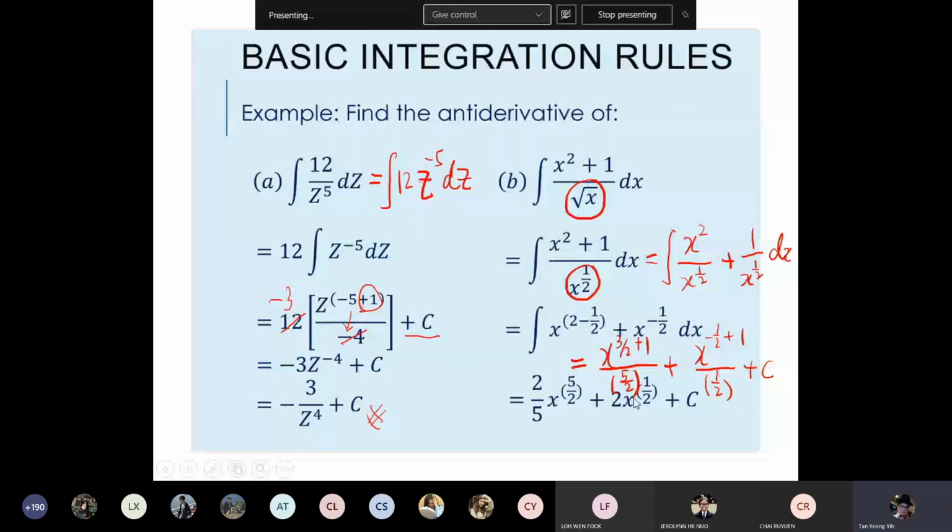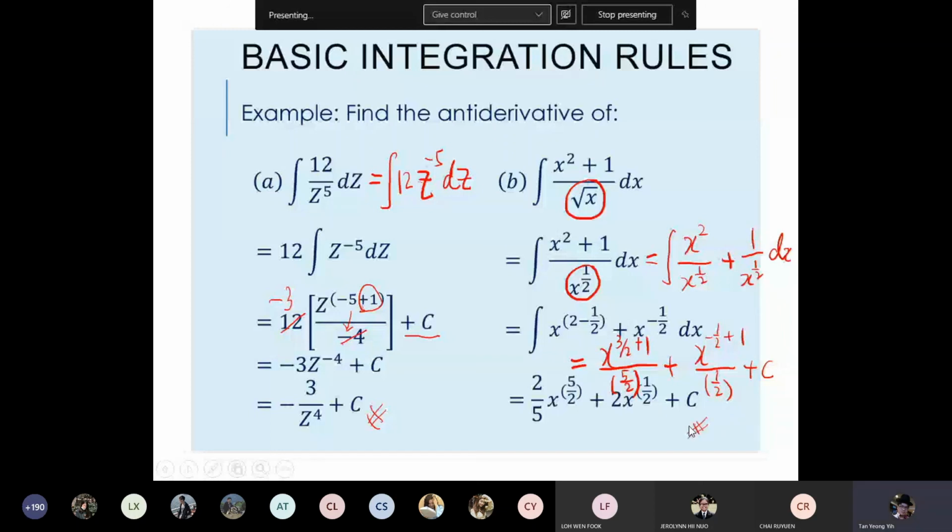So it becomes 2 over 5, x to the power of 5 over 2. And this one, when we flip this, we have 2. So 2x to the power of 1 over 2 plus C. Any questions here, student? Do you have any questions here? No.